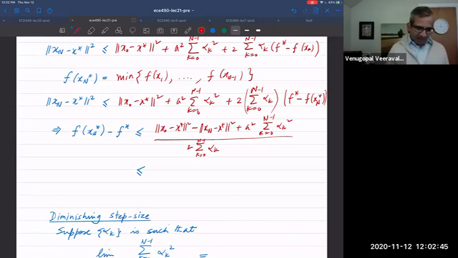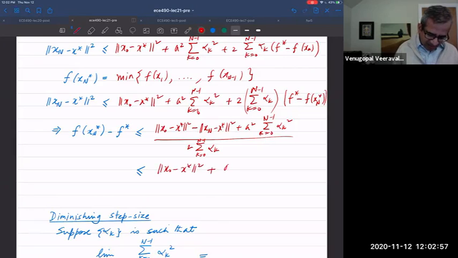Now, again, this term is negative, so I can remove it and still get an upper bound. So I'll remove that. So all I'll be left with is x0 minus x star squared plus a squared.